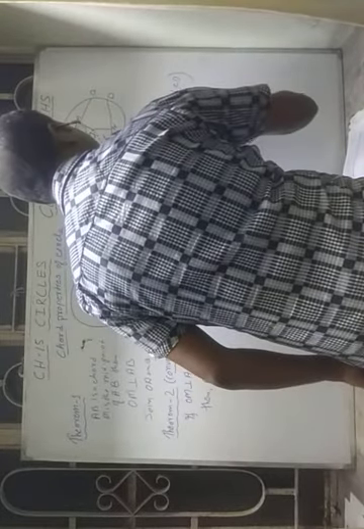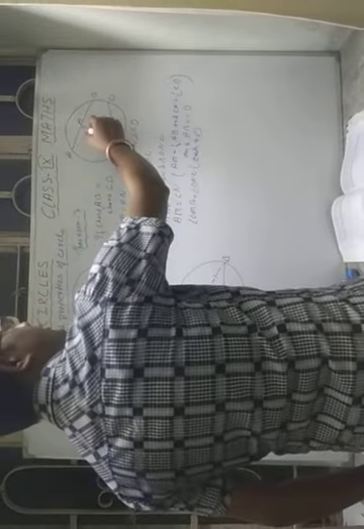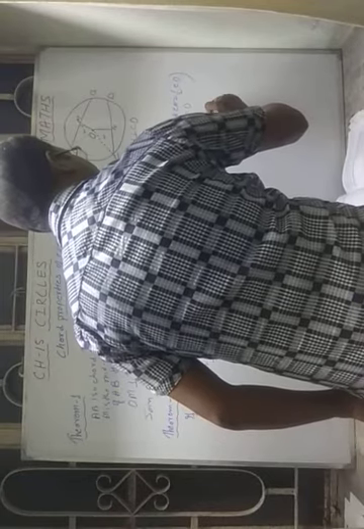Another point, angle OMA is equal to angle ONC, because they are perpendicular, that means each is 90 degrees. Third point, OA is equal to OC, radii of a circle, means they are equal.